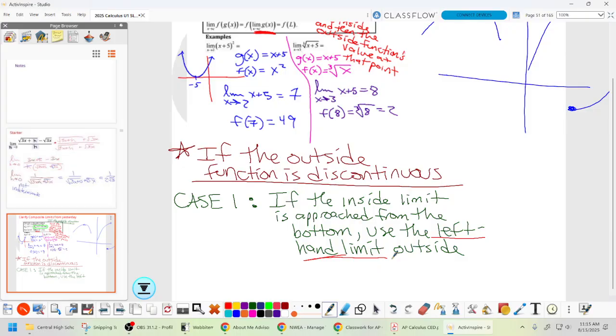Just to be very specific, this discontinuous description has to be at x equals c. It's technically at the limit as x approaches c of g of x. So the inside part gives us a value, and then that value to the outside part, if it's discontinuous there, we're using this process. Okay?